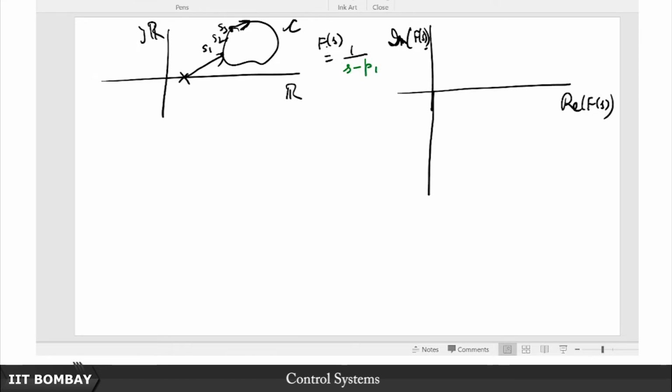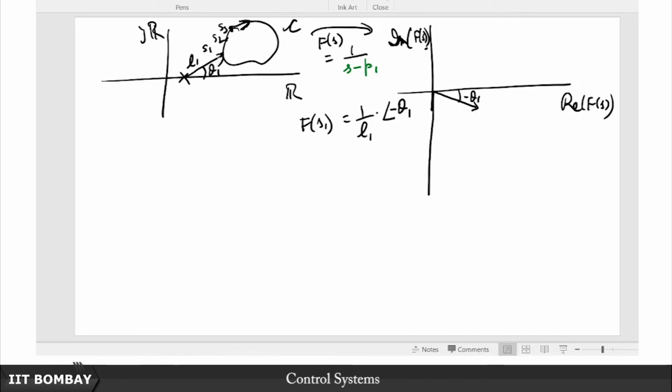Now we are mapping it through this. So this is going to be again of length L1 and this is going to be theta 1. When you map this number, what is its mapping going to be? This Fs1 is going to be 1 by L1, notice, with an angle minus theta 1. Why? Because this is sitting in the denominator. So now if this is theta 1, on this plane here, I have to actually draw minus theta 1, and if this is L1, then this is going to be 1 by L1.